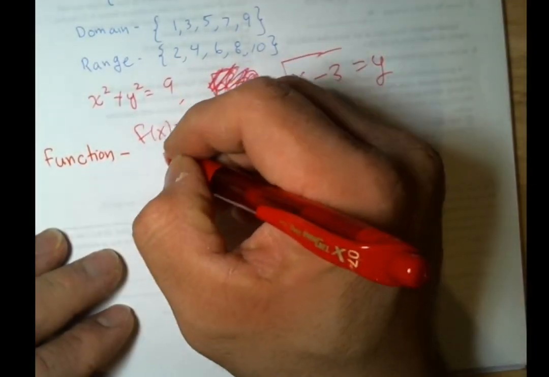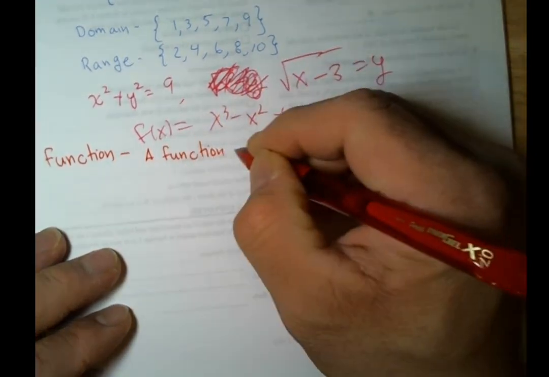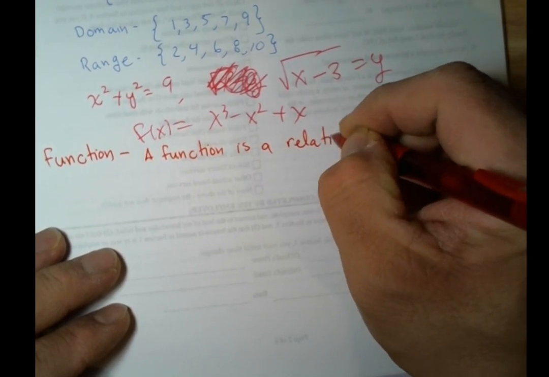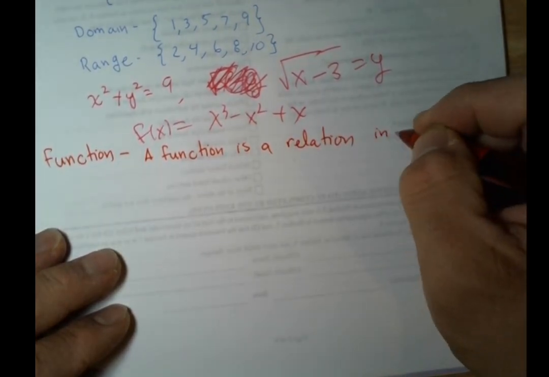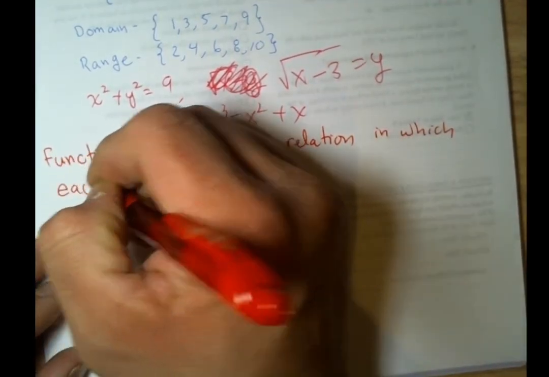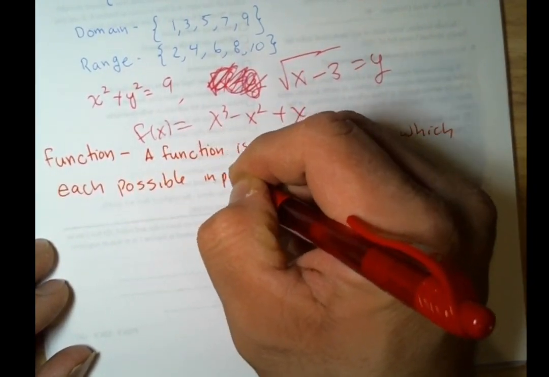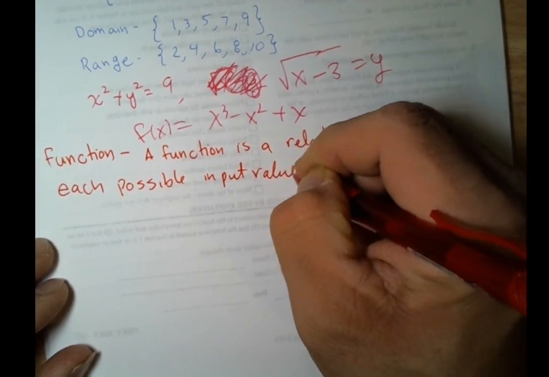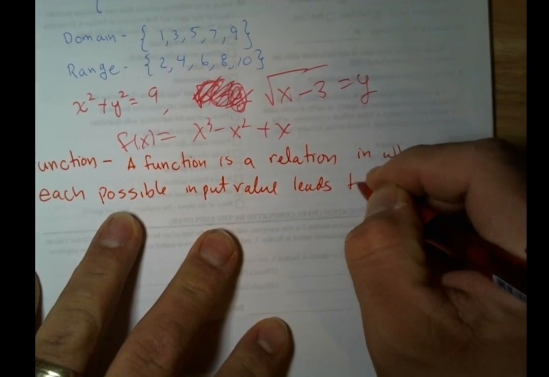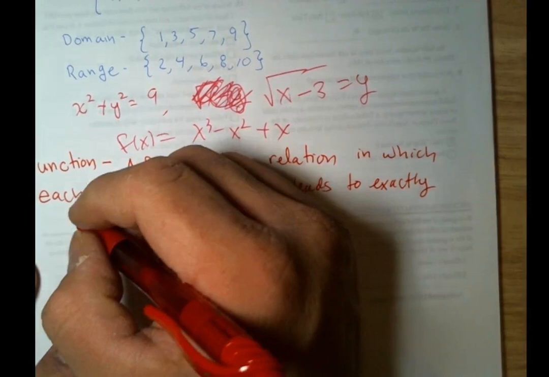a function is a relation in which each possible input value leads to exactly one output value.